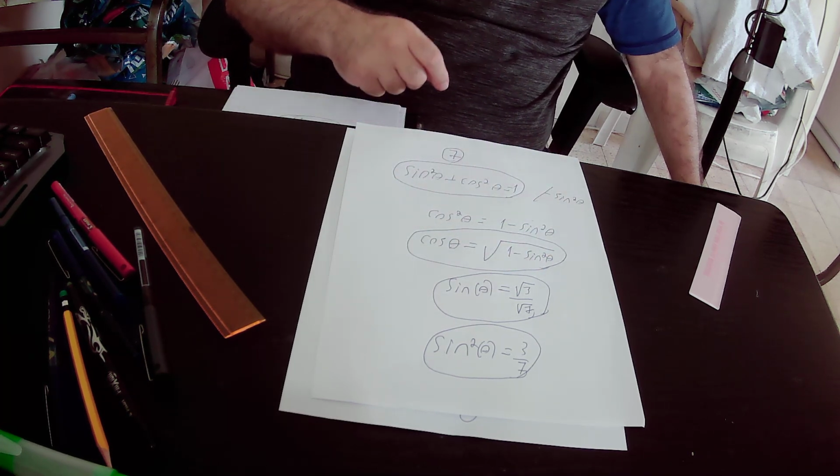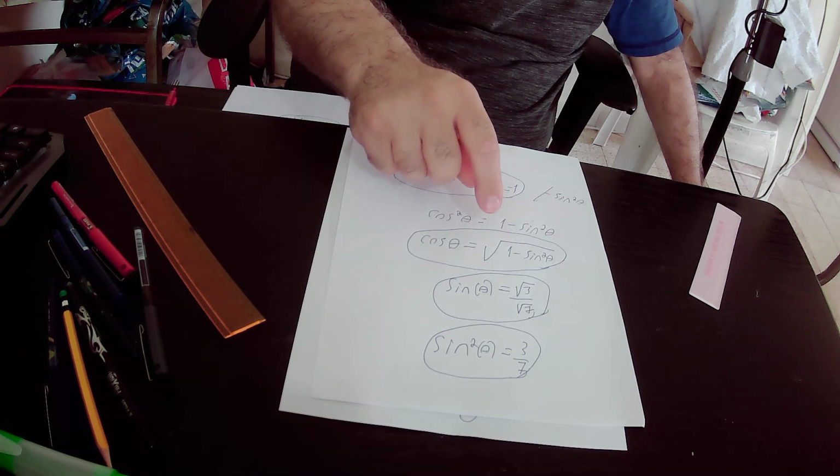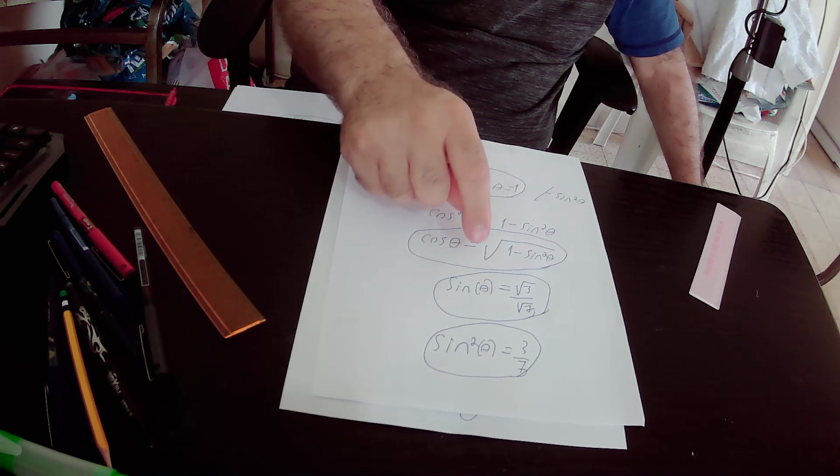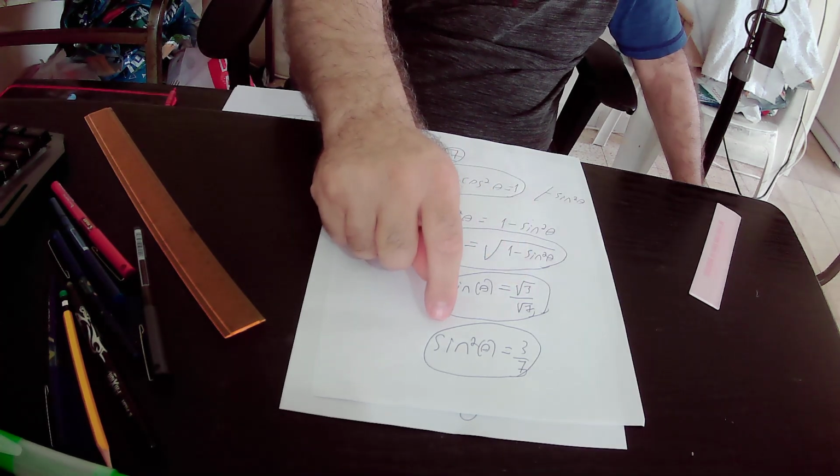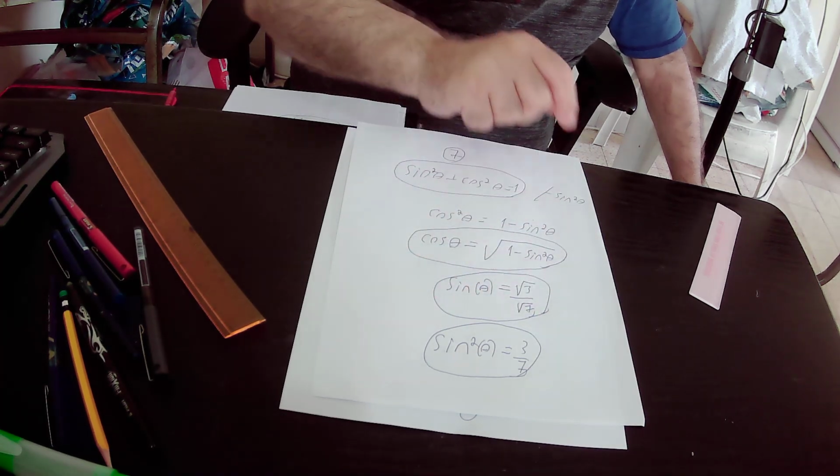So we can substitute. If sin theta equals root 3 over root 7, then sin theta squared will be equal to 3 over 7.